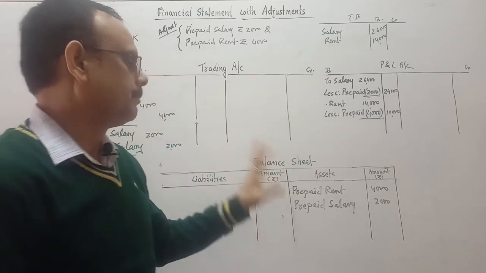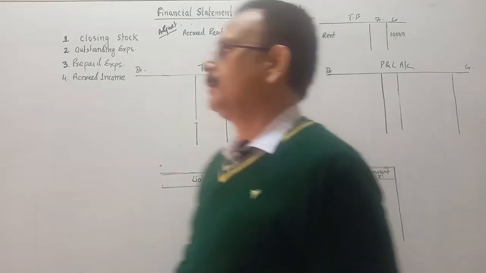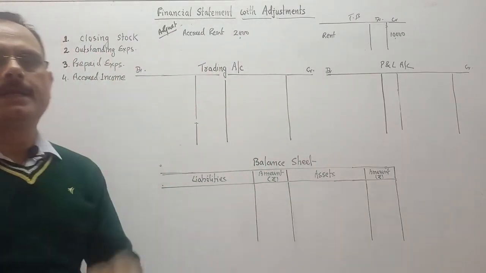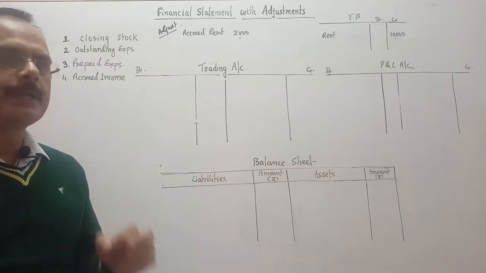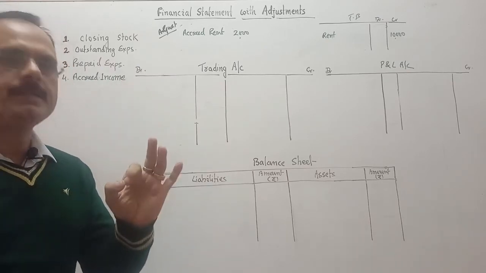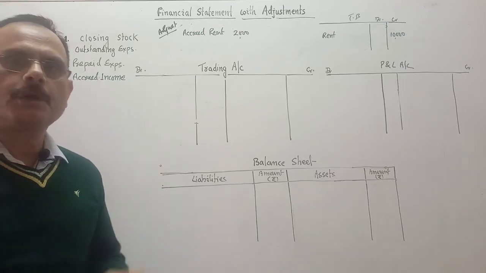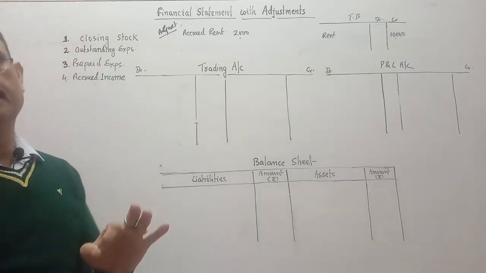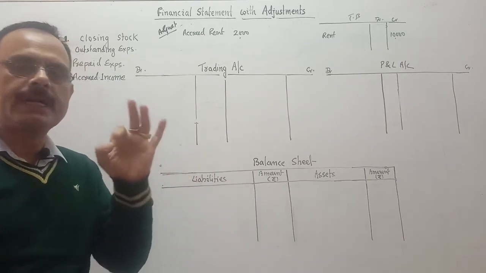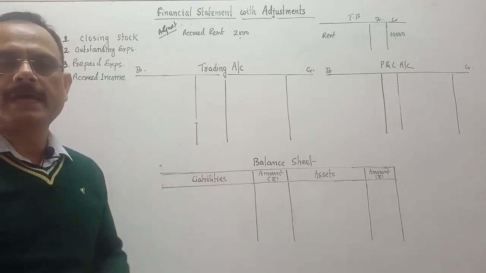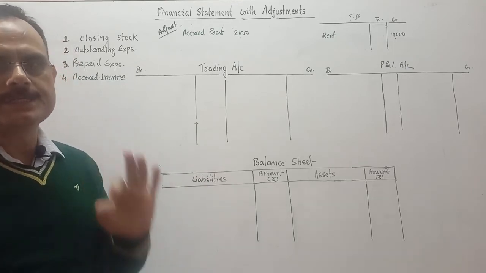Okay, now coming to the next adjustment, accrued income. Accrued income means income earned but not yet received. That income is called accrued income. If the information regarding the accrued income is given outside the trial balance, then it's an adjustment.